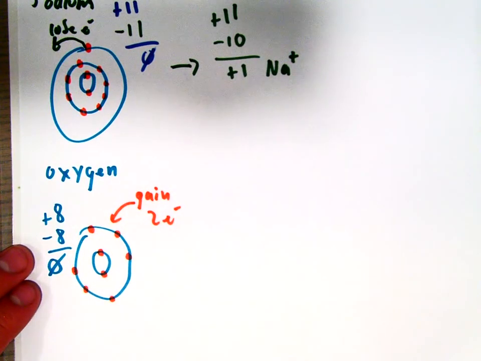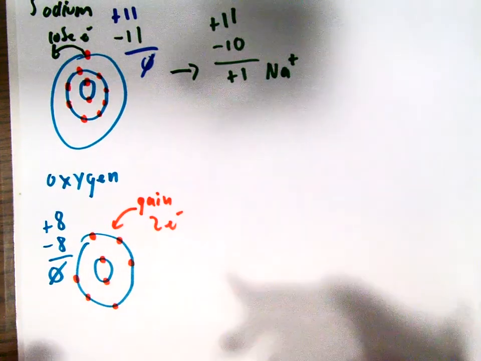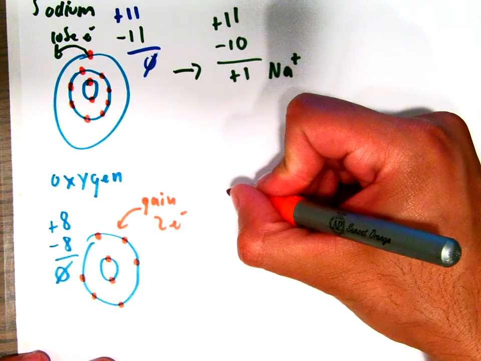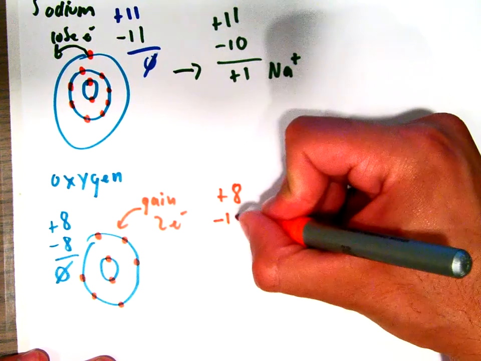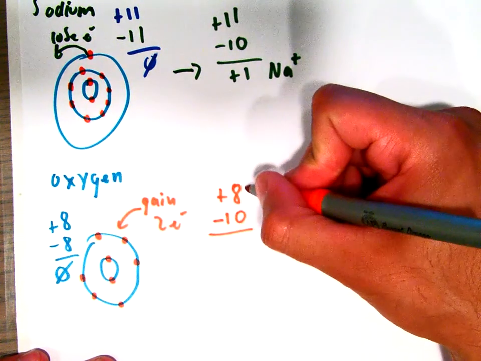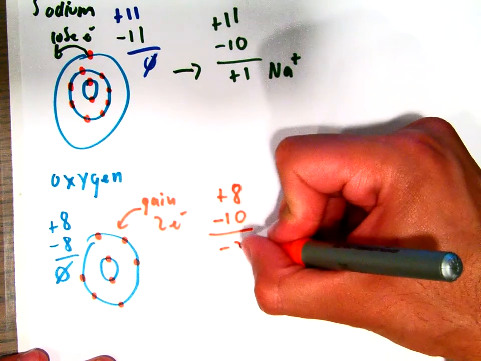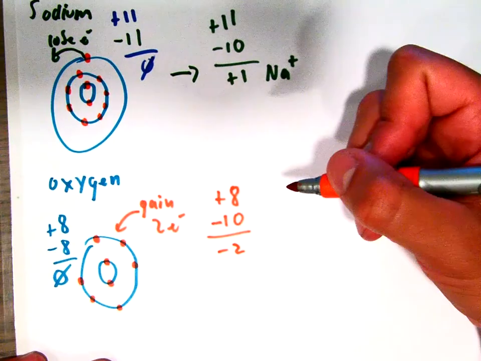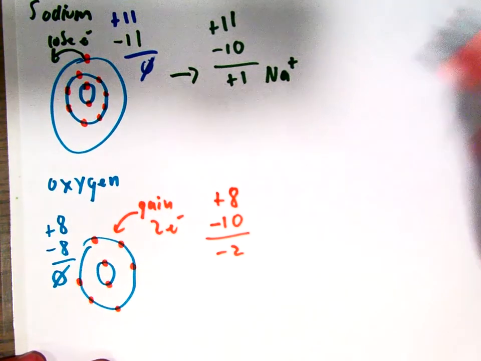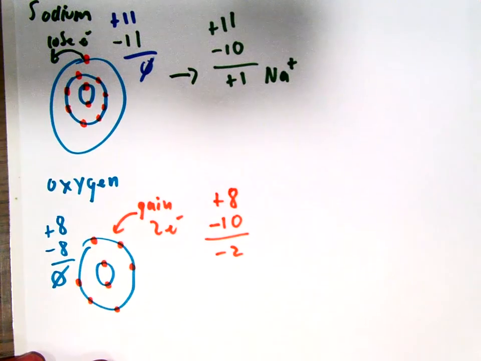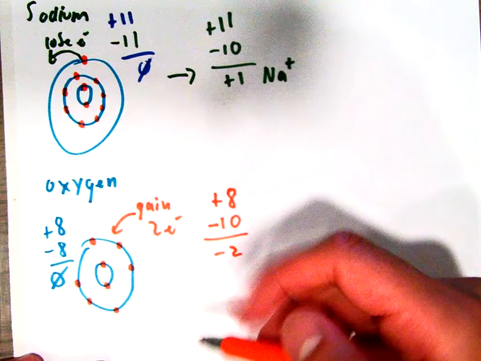However, once it gains those 2 electrons, we still have 8 protons because it's still oxygen, but now we have 10 electrons. Okay, we add that up, that gives us a total of -2. In other words, every electron that we add gives us another negative charge. If I were to add 3 electrons, my total charge would be -3, and so forth.